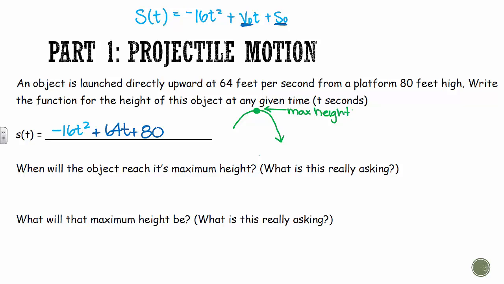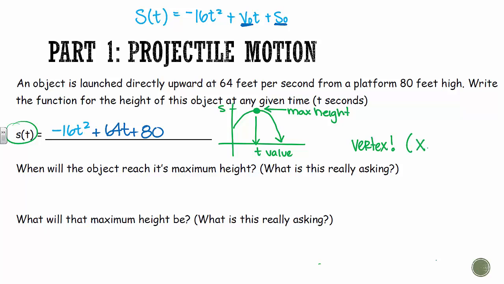If I want to know when the object will reach this, what I'm looking for is my t value, or x value because it's on the x-axis. So I want to know the time. And what will the maximum height be is going to be the y value here, or the s value for s of t. So when you're asked this question, you're really asked to find the vertex.